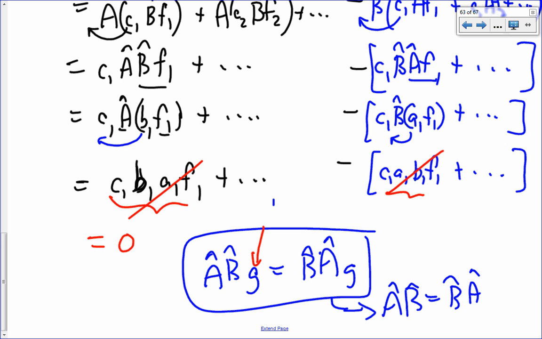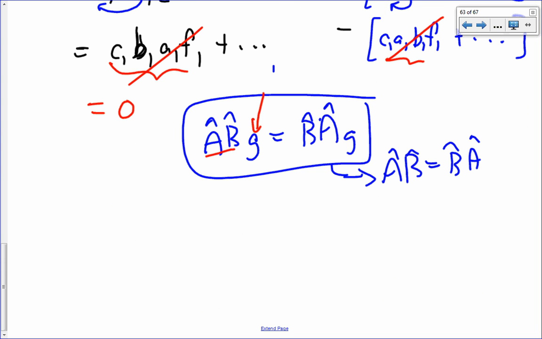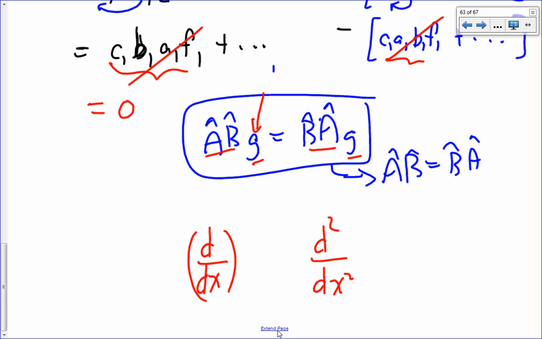This doesn't follow because just because this operator operating on G is equal to this operator operating on G doesn't mean that BA and AB are the same. For example, if this operator was d by dx, and this operator is d squared by dx squared, if I operate that on e to the x and operate that on e to the x, they're equal, right?